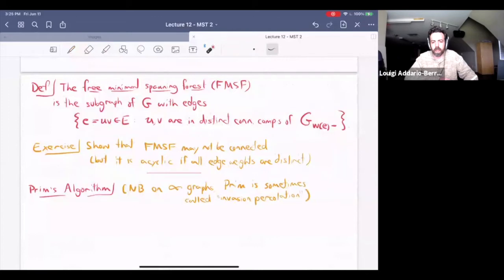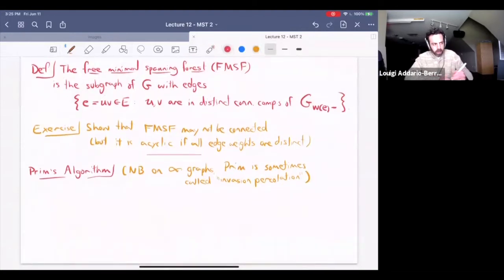And in this case, I think Prim wasn't even the first person to come up with Prim's algorithm. I think it was a guy named Jarník. So maybe invasion percolation is a better name. But whatever you call it, it might not build a spanning tree.